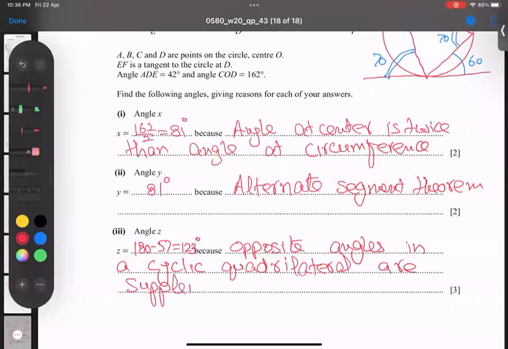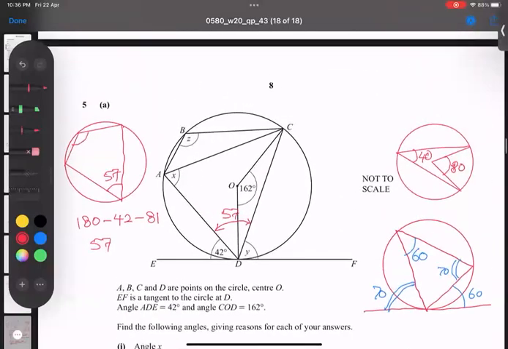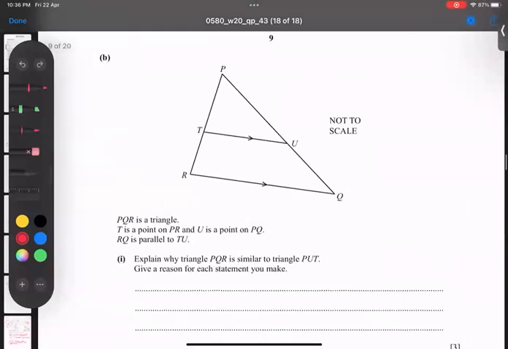No problem at all. Supplementary is technical word. You not must, but better to use it. I hope you got the idea? Because if you add them, give you 180 degrees. So it means, I think, easy. Let's go for the next question, number 5B.